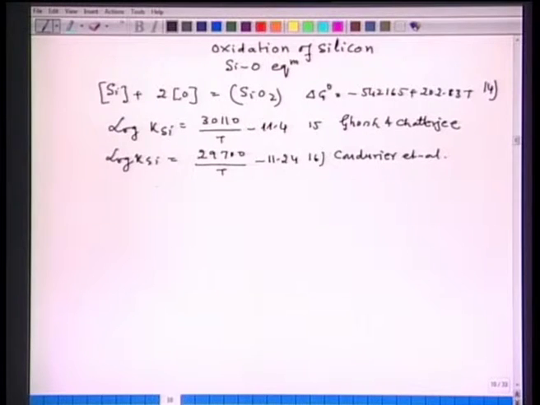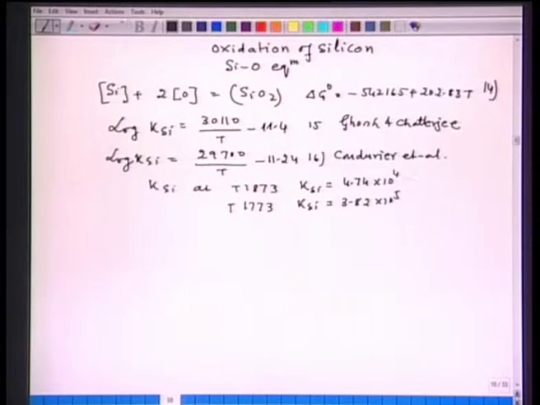So, now if I calculate K silicon, for example, at temperature 1873, then K silicon comes around 4.74 into 10 to the power 4, and if I calculate at T 1773, then I get K silicon equal to 3.82 into 10 to the power 5, and this is from equation 15.